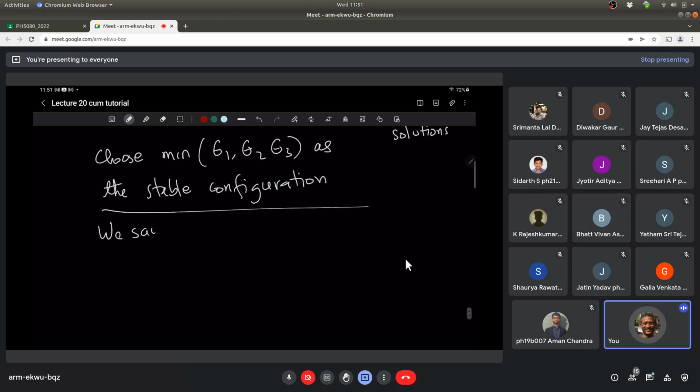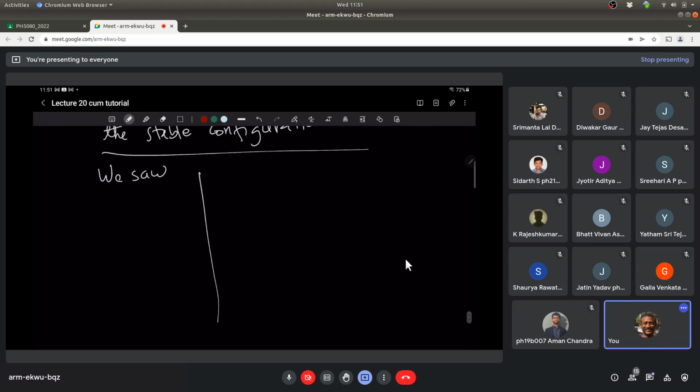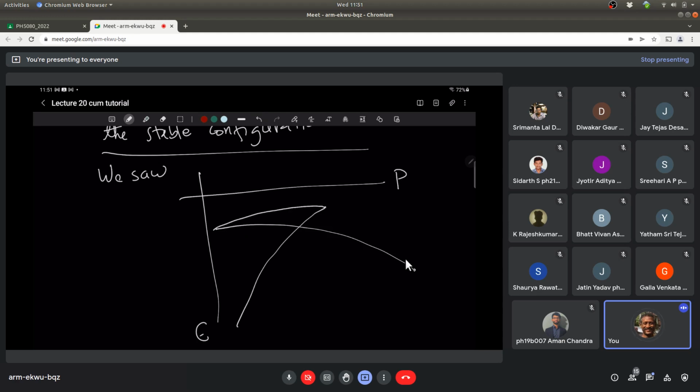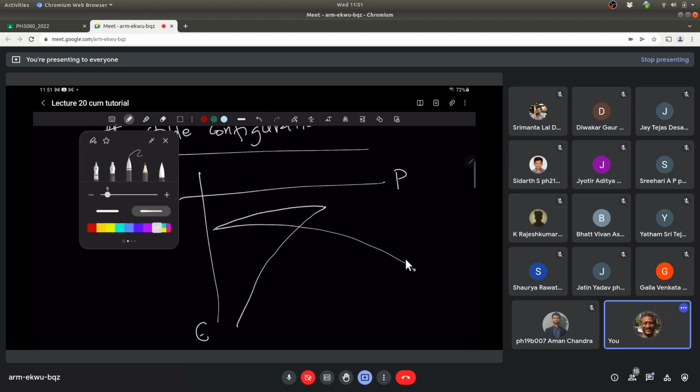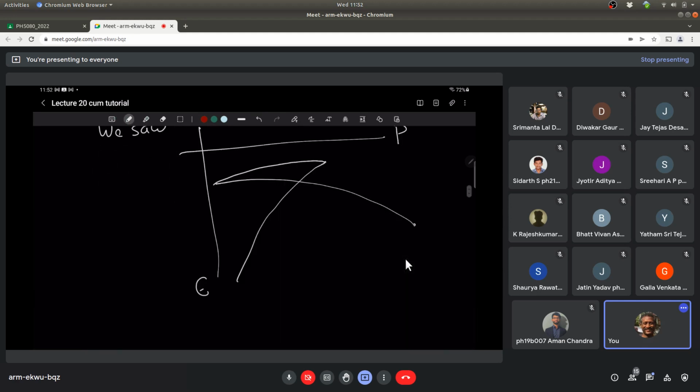So we saw the following picture, right? So I'll draw the picture now. P versus G. So we saw something like this, right? And now I can show you the stable one.